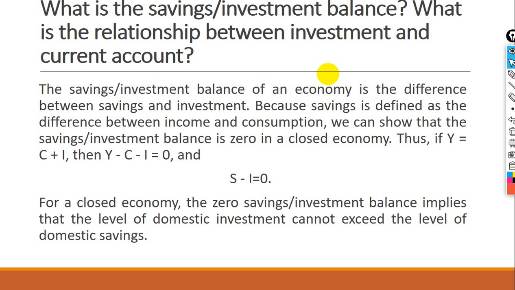Returning to the case of the closed economy, where Y equals C plus I, and as we know, Y minus C equals S, or your income minus consumption is going to be savings. So if we rewrite the equation Y minus C minus I equals 0, we can replace Y minus C with S.